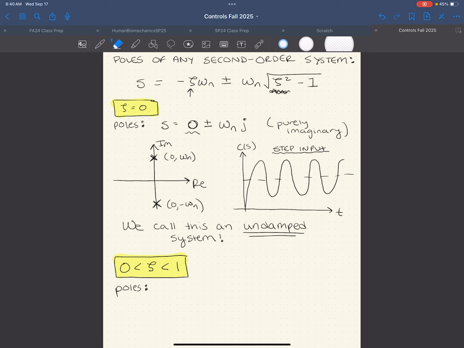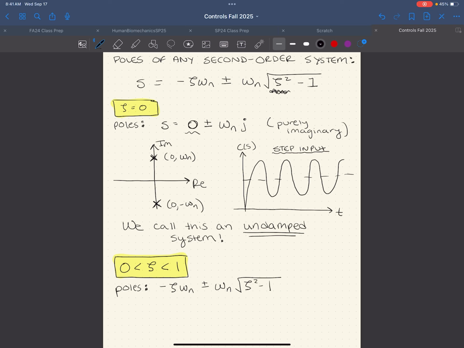Well, our real part no longer disappears. We still have this minus zeta omega n term. That part doesn't disappear anymore. And then we have plus or minus omega n square root zeta squared minus 1.